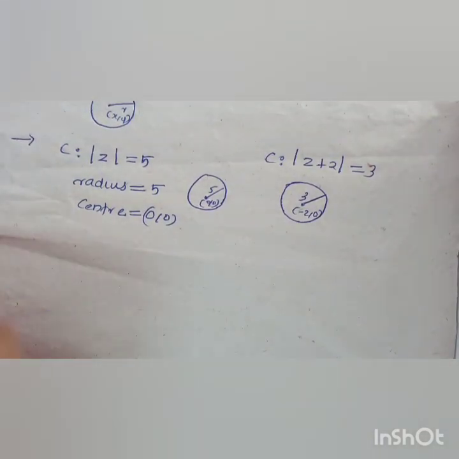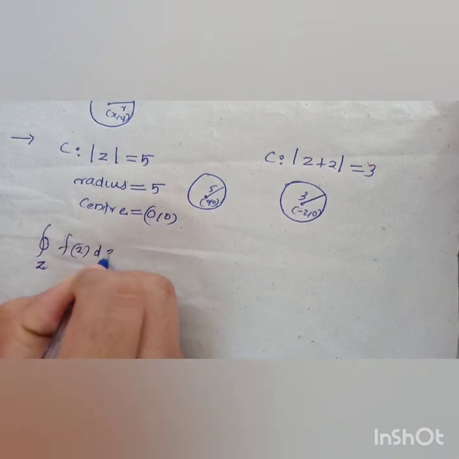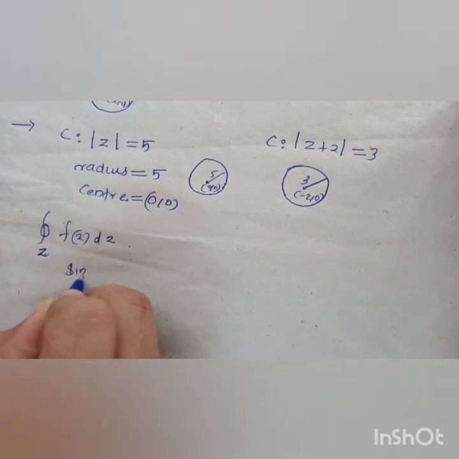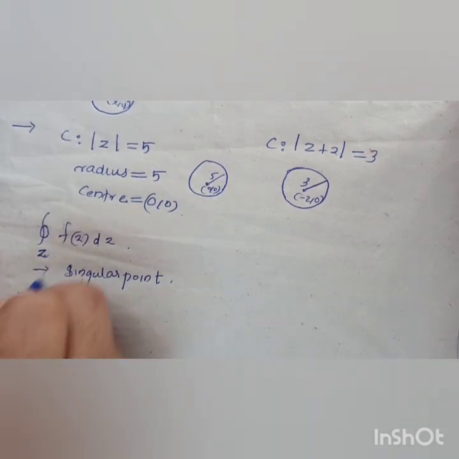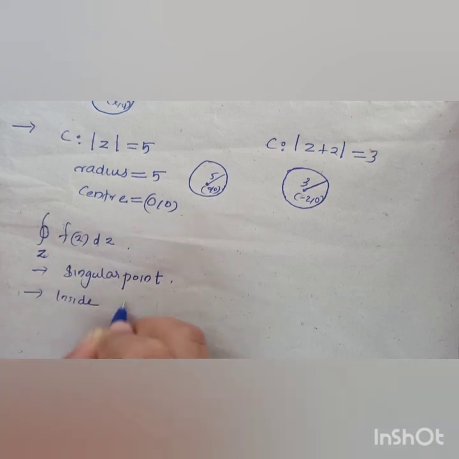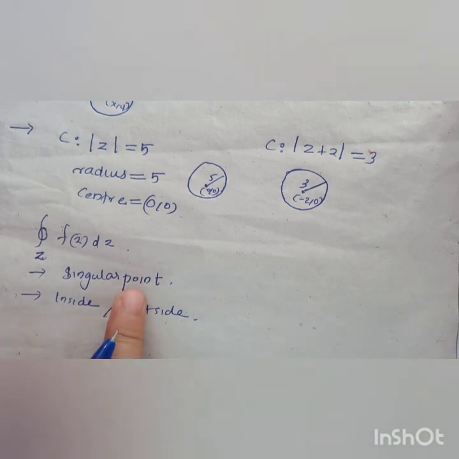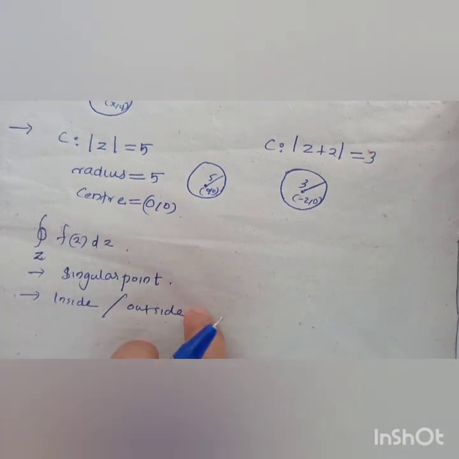So how do we evaluate the closed contour integral of a function f(z) dz? For that, we have to find the singular points and check whether each is inside or outside the contour.